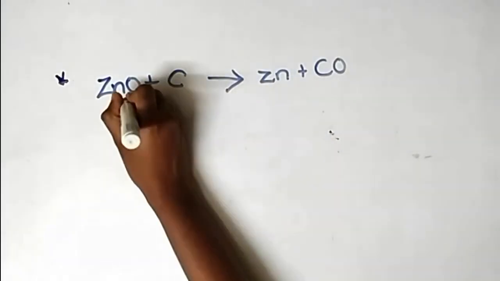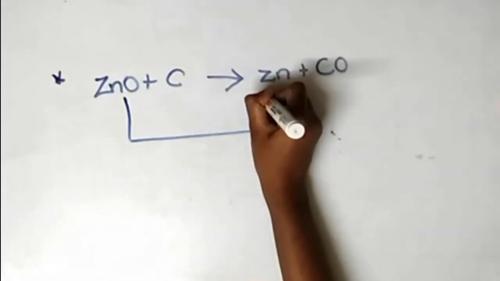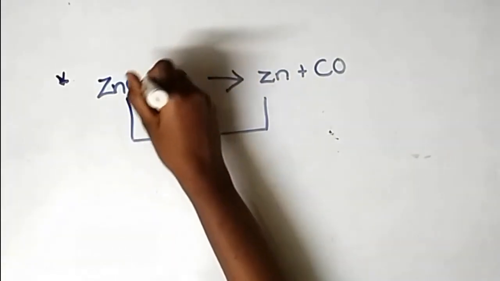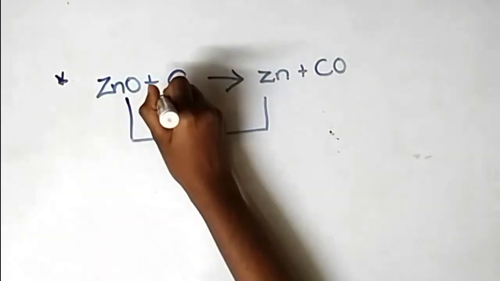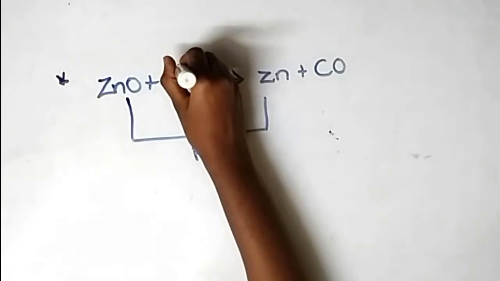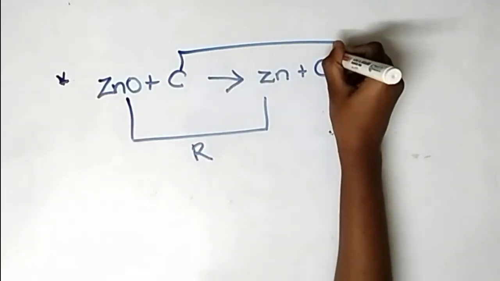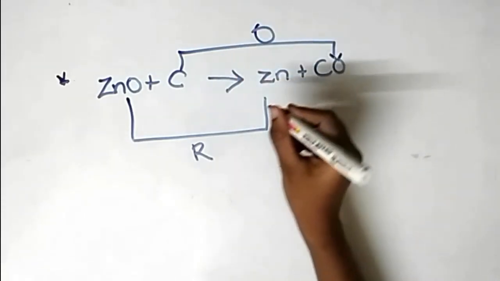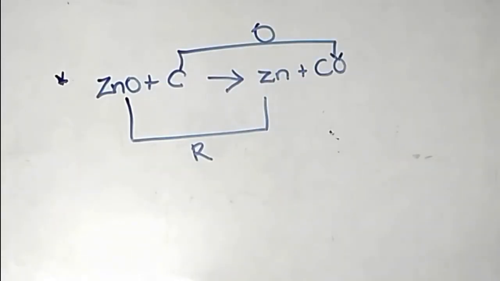Therefore, removal of oxygen happens and that is reduction. And the carbon on the reactant side gains the oxygen and becomes carbon monoxide, so oxidation happens. So from the above examples, we can say that oxidation is the addition of oxygen or removal of hydrogen, and reduction is the removal of oxygen and addition of hydrogen.